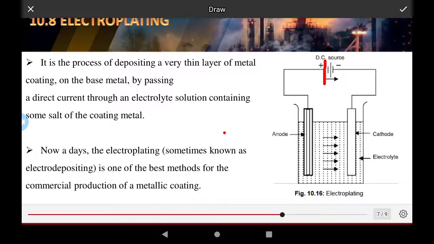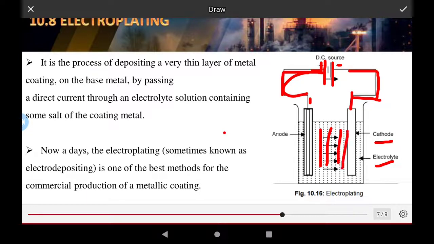This is the power source: the positive is the power provided, and the negative is the source. The power is provided to the anode, and the minus is the cathode. The cathode is connected in the electrolyte of the liquid metal. This is the negative charge, and this is the positive charge.